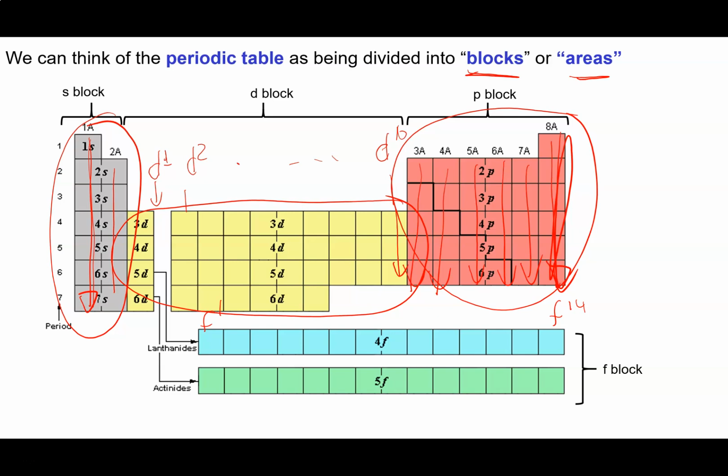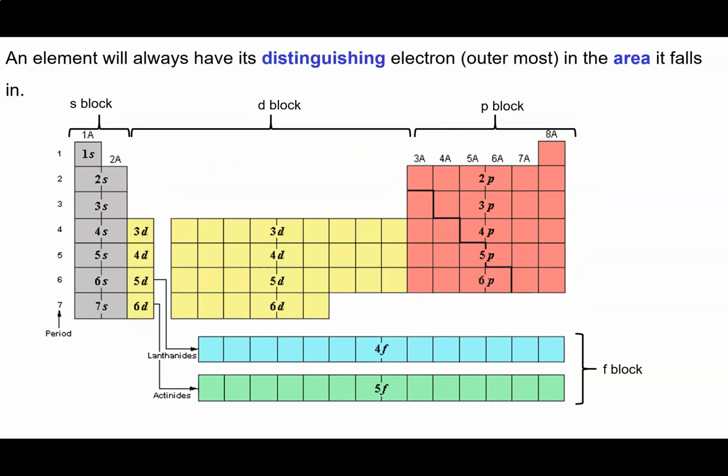So that's what's going on there. Things in the same group have similar chemical properties because they have similar outer electron configurations, and it's through the outer electrons that atoms interact with other atoms. So we can always figure out the distinguishing electron, the electron that kind of gives it its properties, by considering where it is in the periodic table.